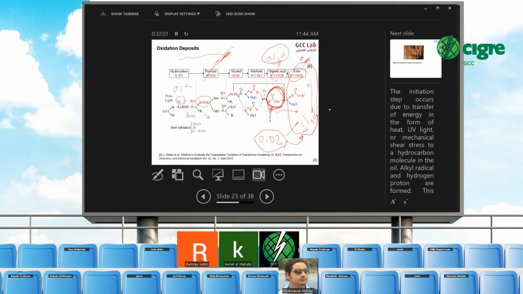If it is open, that means this is coming from the tank. You haven't any problem in the cable. The problem is already in the tank, not in your cable box. But if it's closed, that means they have a problem with the cable box. Therefore, we cannot look at the cable box alone. We must compare it and also consider the oil in the tank. Then we can recommend what to do.